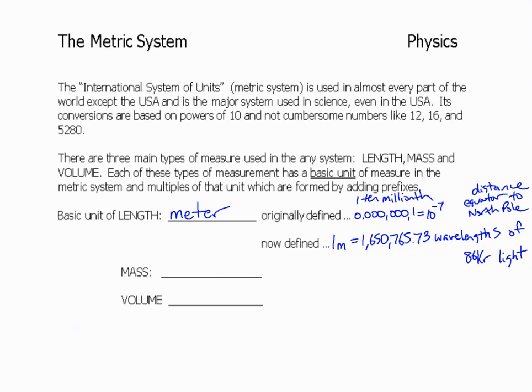So they have a pure sample of krypton 86, and they run electric current through it, and it creates light. And this particular light has this many wavelengths. For mass, we have the gram. Volume is the liter.